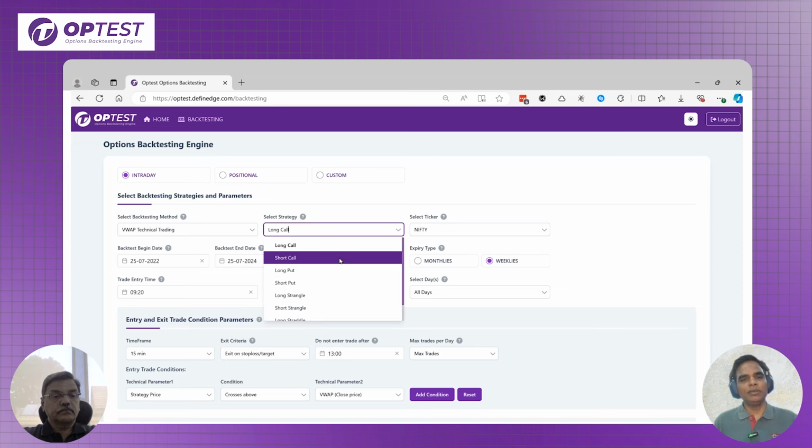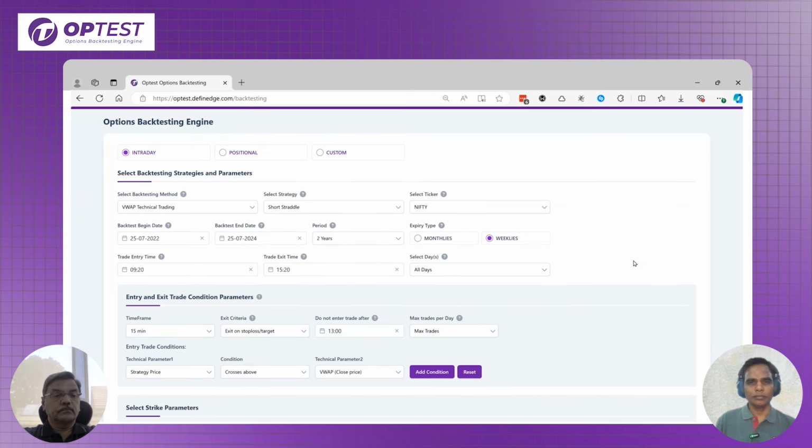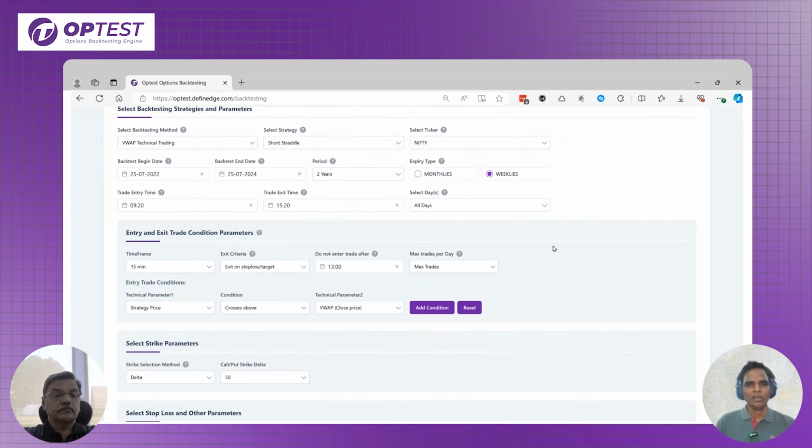So let's say I want to do short straddle on Nifty, 2 years and weekly. This is on intraday level, right? A 15-minute time frame. My exit criteria, is it based on stop loss or based on the VWAP criteria? Because I'll show you a VWAP chart in a bit.